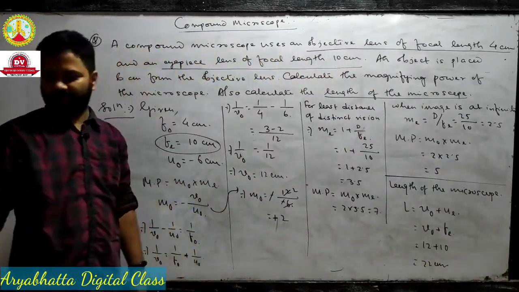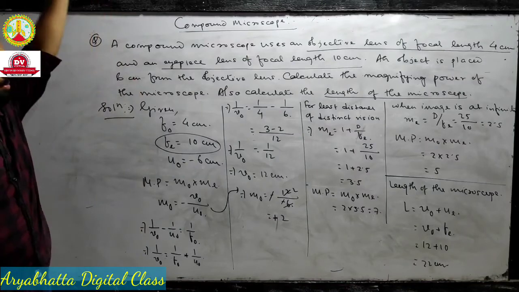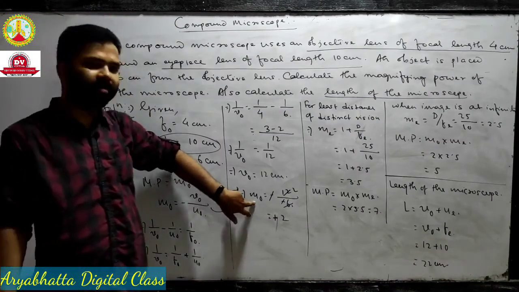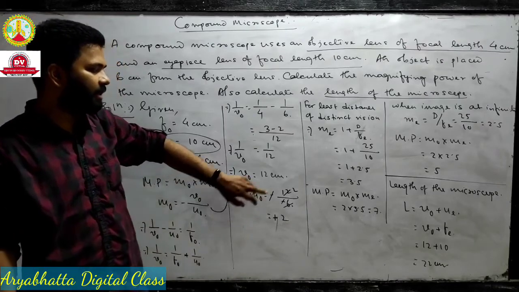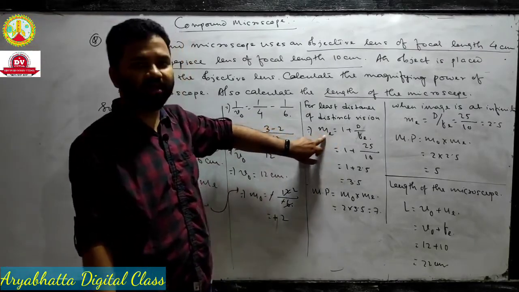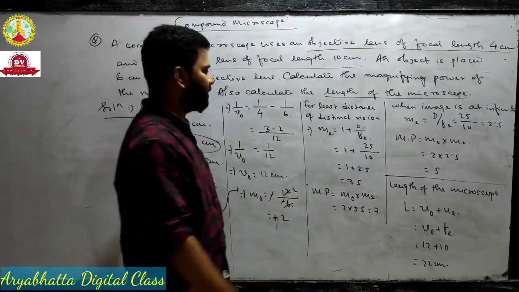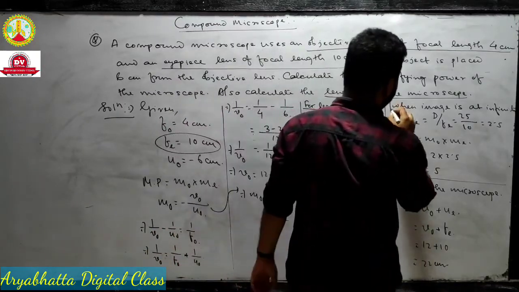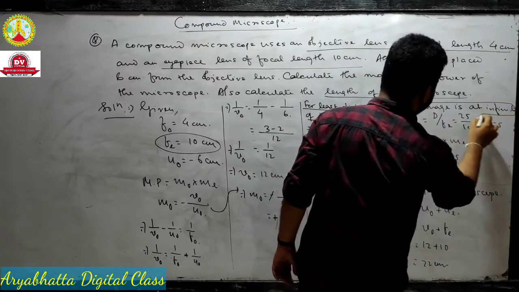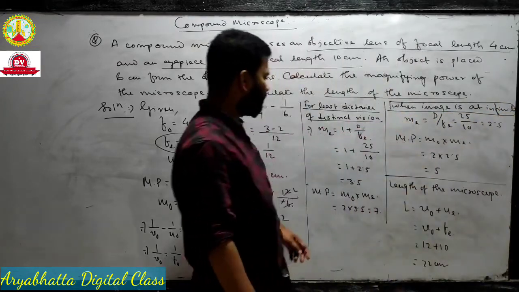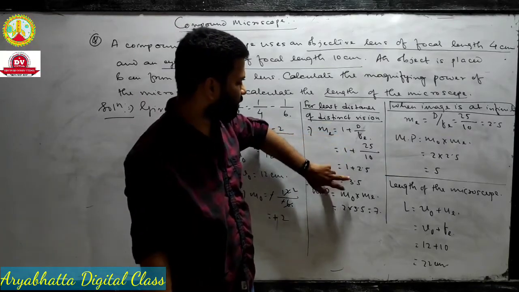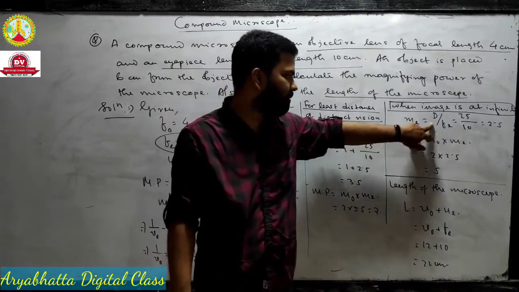So you have to solve this numerical in your exam step by step. First, you have to calculate the magnification of the objective, then you have to calculate the magnification of the eyepiece for two conditions: one for least distance of distinct vision and another when the image is at infinity. Therefore, for the eyepiece you will get two magnifications, one maximum, another minimum.